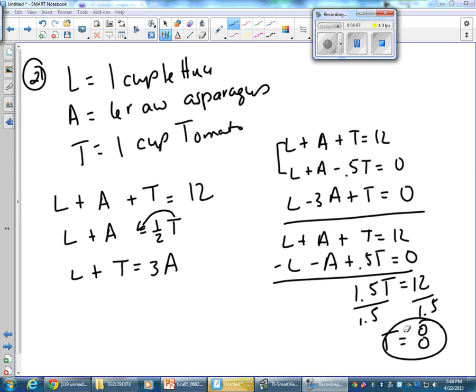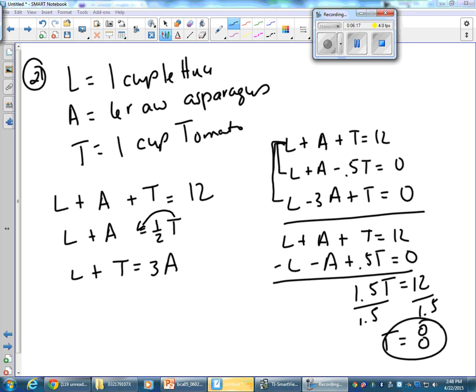So that helped me. Now I need to figure out how to cancel the T's. Maybe I can use the first and the third one, and I'll do 3 times the top line, and that'll cancel out the A's.